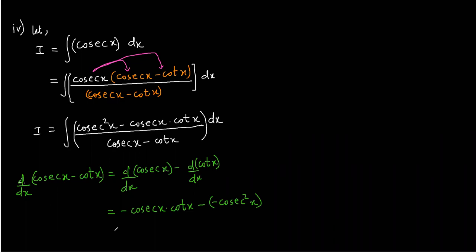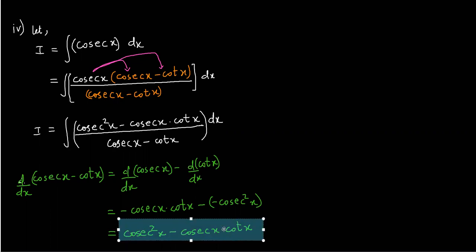So this negative negative becomes positive. So I write cosec square x minus cosec x into cot x. This is d by dx of the denominator. I got the derivative of the denominator as cosec square x minus cosec x cot x.